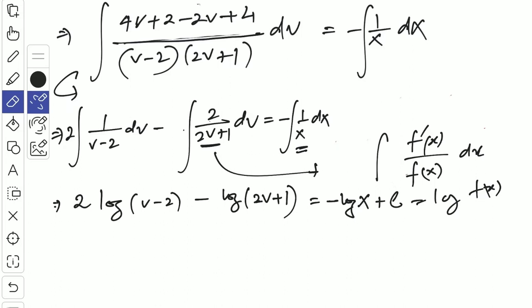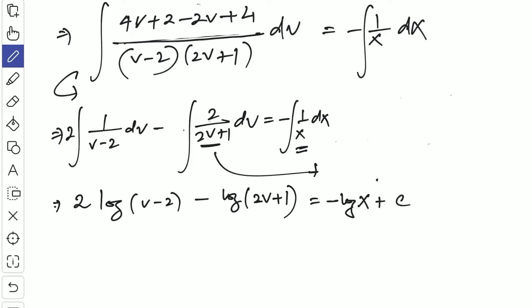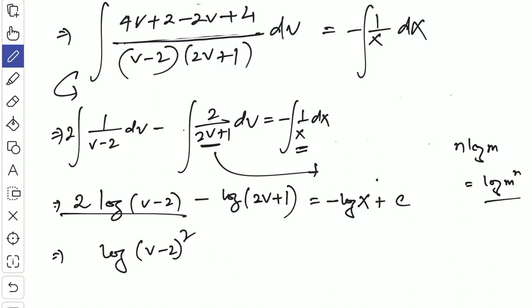So that's what we have got after integrating the above equation. So this is suppose c. Now we know that n log m can be written as log m to the power n. This is a property of log. So applying this, we can write log (v minus 2) whole square.